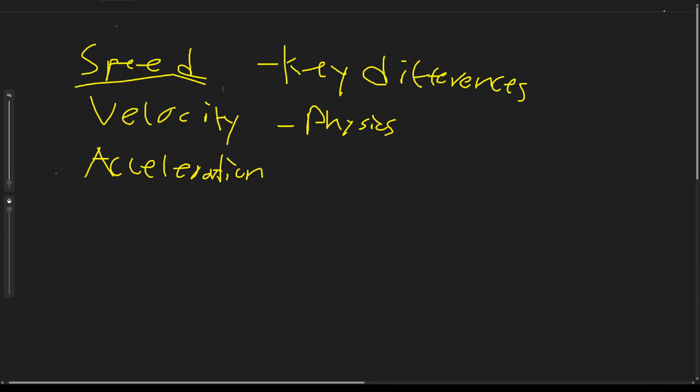So first I want to talk about speed. This is the simplest of the three, and you could probably know this one right off the bat. It tells us how fast something is moving, right?